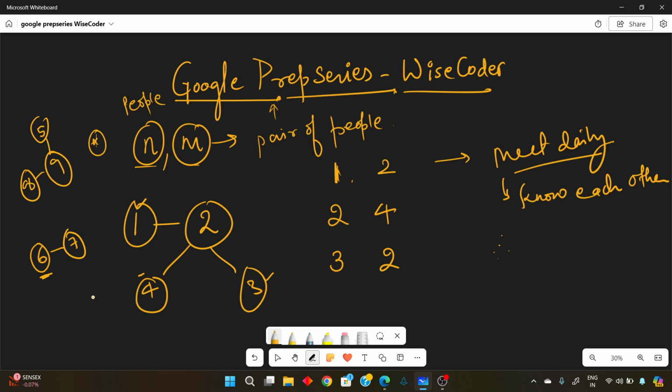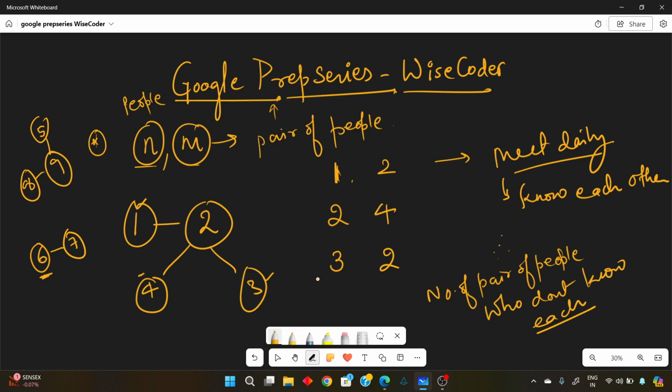So it is asking for the number of pairs of people who don't know each other. That is the best problem that I can form from the given information.